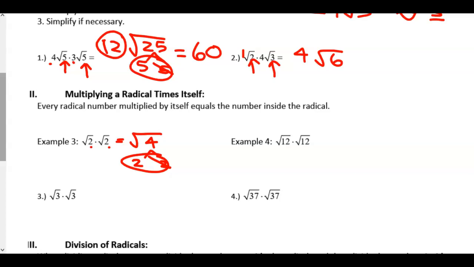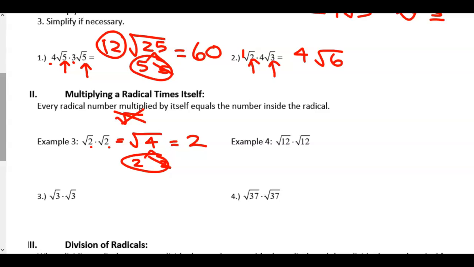So the answer is just that circled thing, which is 2. Now, what do you notice? A square root of 2 times a square root of 2 gives me just the number 2. So what went away? The square root goes away.